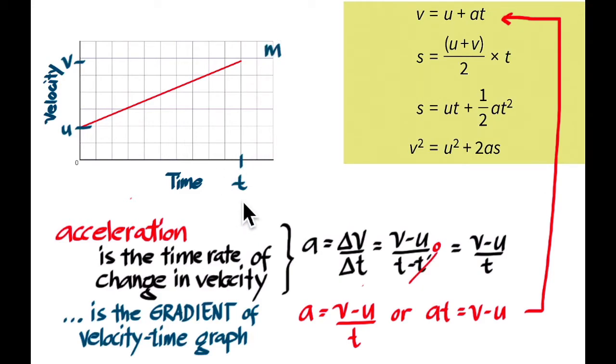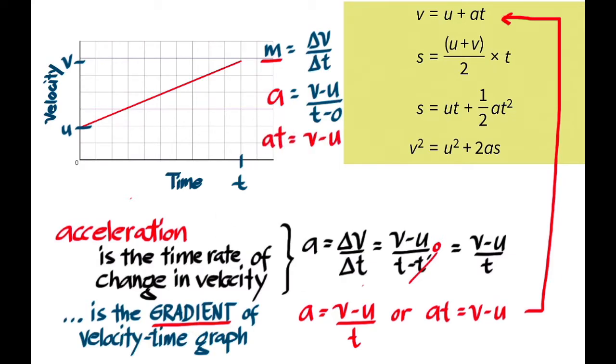Now for gradient, which usually takes the symbol m in maths, it is the change in the vertical axis, here the change in velocity, divided by the change in the horizontal axis, here in our graph, the change in time. The change in velocity is obviously v minus u, and the change in time is t minus 0. The gradient m is defined as acceleration, let me write it here instead of m, which when rearranged further also gives us the first kinematic equation, this.